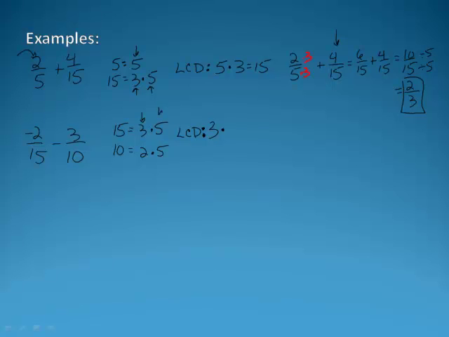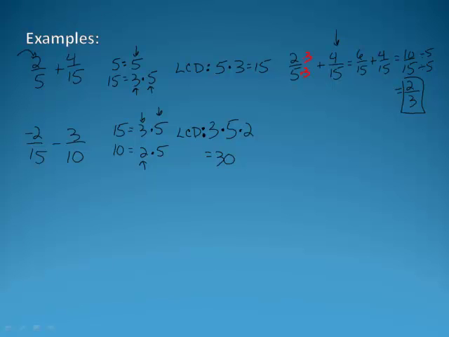The factor 5 appears once in the numerator, once in the denominator, so once for each would just be once in the denominator. And then the factor of 2 appears not at all in 15, but once in 10, so it's got to appear once in the least common denominator. Do that multiplication. 3 times 5 is 15. 15 times 2 is 30. So we need a common denominator of 30 here.